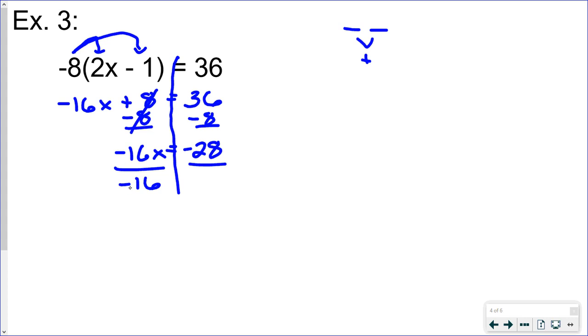A negative divided by a negative is a positive. So that cancels out and leaves me with 1x. Negative divided by negative is a positive. I'm just going to write this as 28 over 16. So 28 over 16. It's okay to leave your answers improper in algebra.